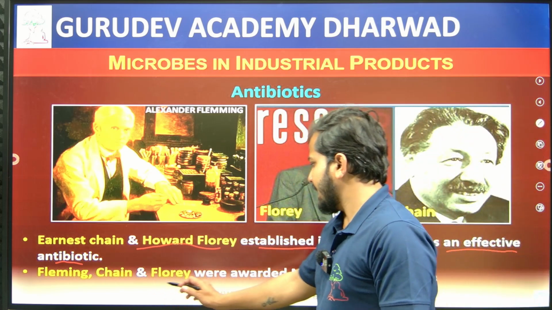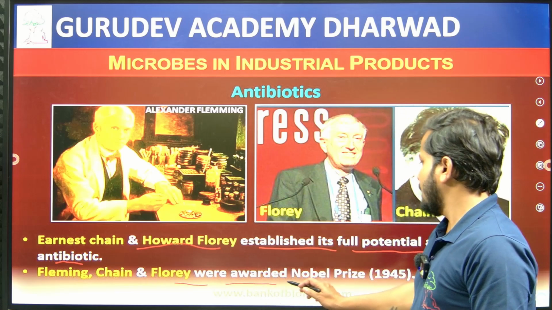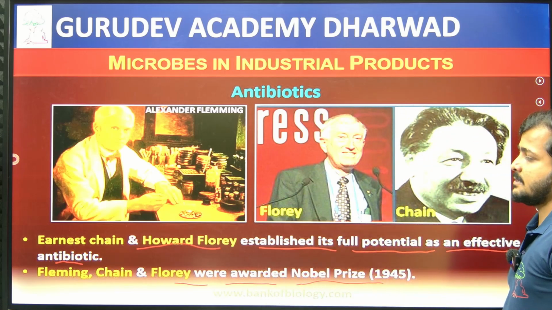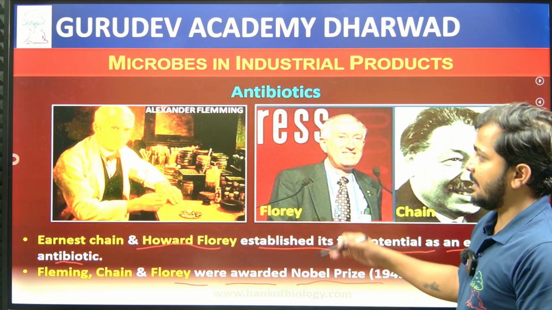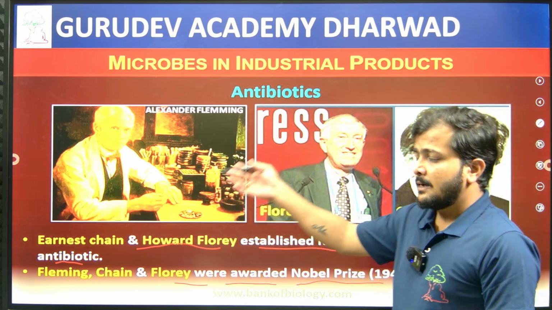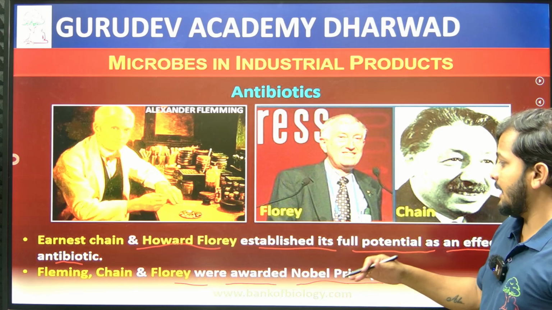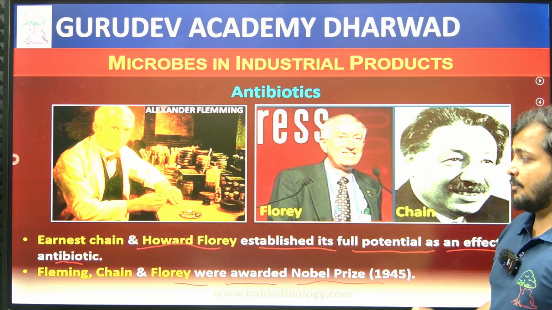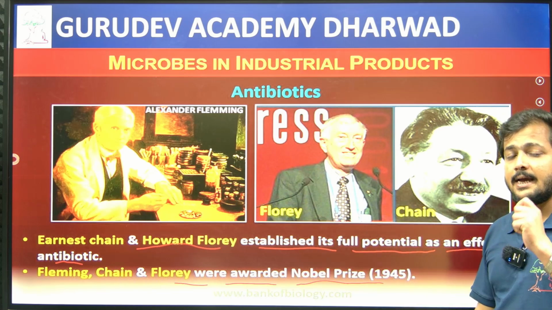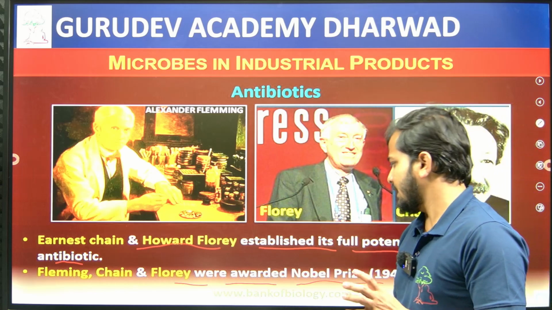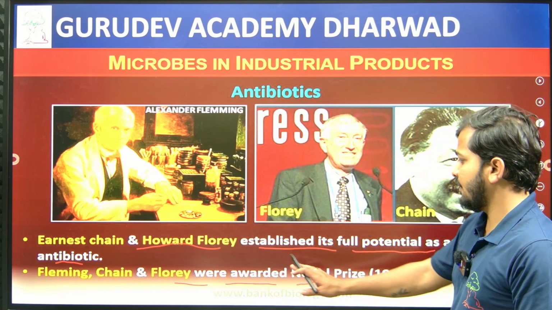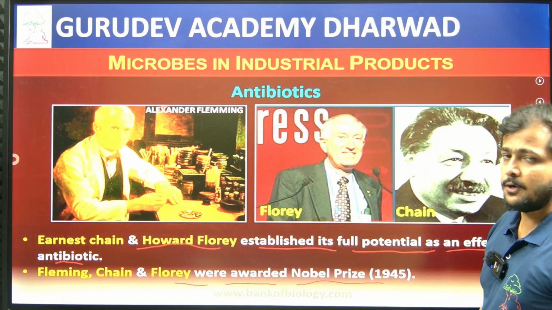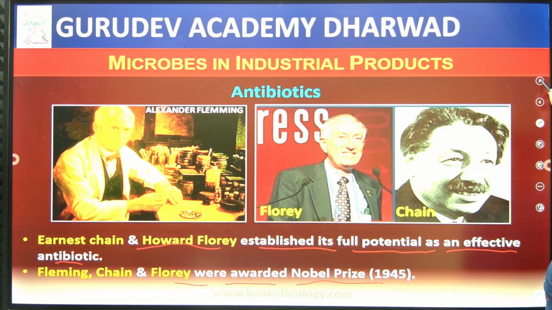Then Fleming, Chain and Florey were awarded a Nobel Prize for this in 1945. After the discovery of penicillin extraction, these two, Florey and Chain, established the full potential of this antibiotic against some pathogens, and all three were awarded the Nobel Prize.